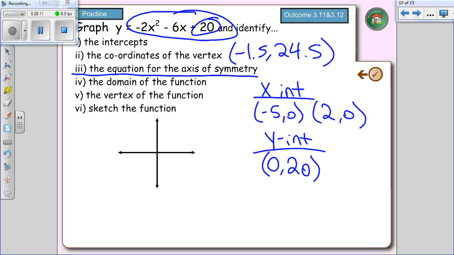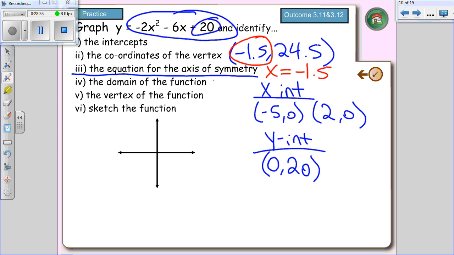So it's x equals negative 1.5. That's your axis of symmetry. It'll always be that point on your vertex. Your domain is always x is an element of the reals. That's always going to be the case with quadratics.